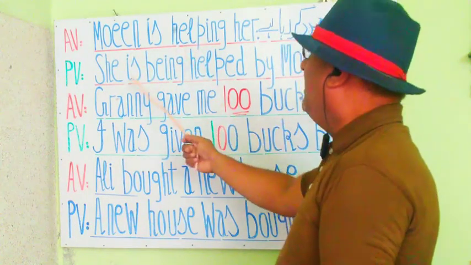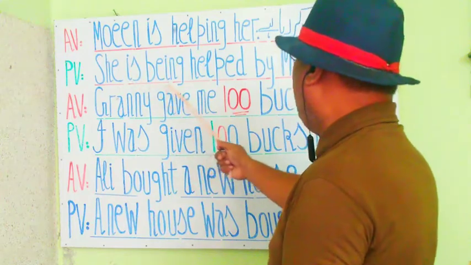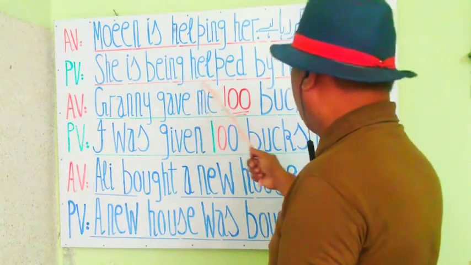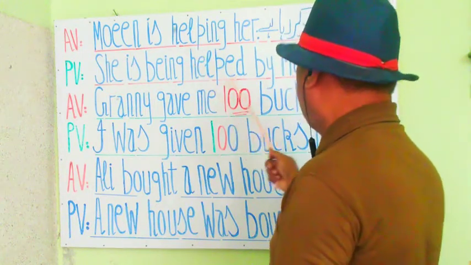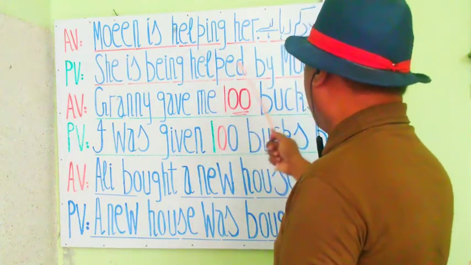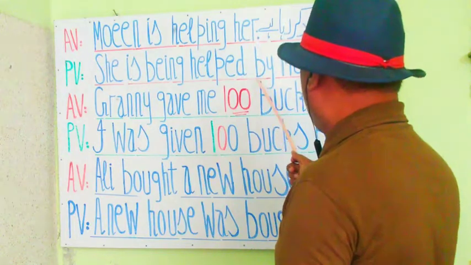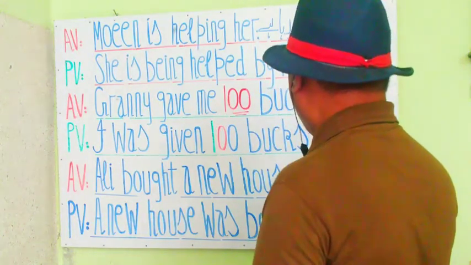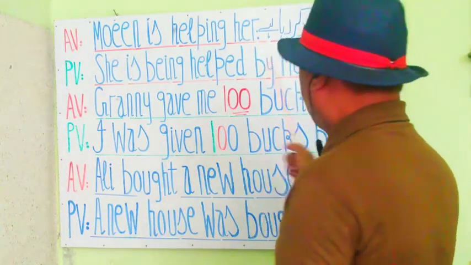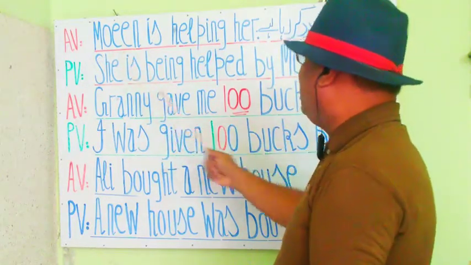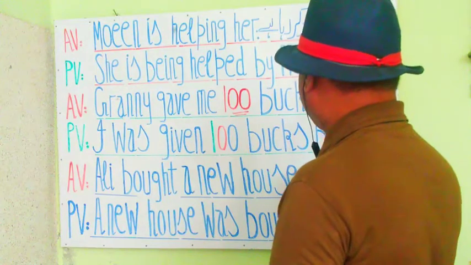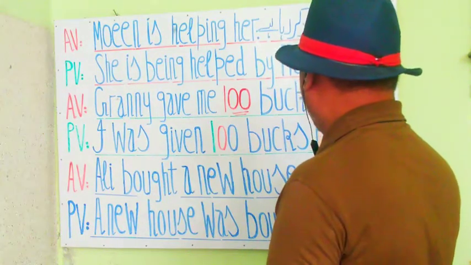sentence we add helping verb and additional support and the third form of principal verb used in active voice, and then we use a conjunction or connector, and then we rewrite the object. Here you see that in active Moin is a subject, and in passive Moin has become an object.